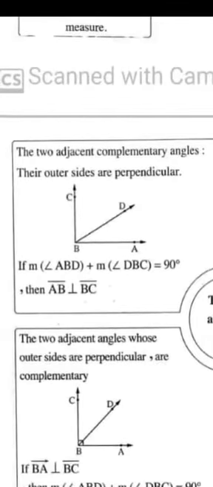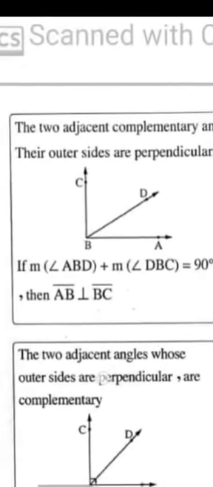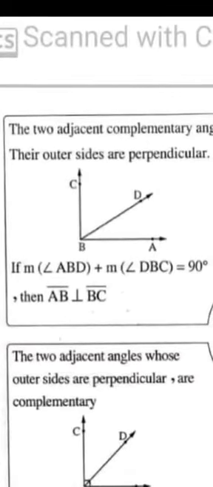For example, if we have in this figure two angles CBD and DBA, they are two adjacent angles. And if the measure of angle ABD plus the measure of angle DBC is equal to 90, then we know that the outer sides are perpendicular. Then AB is perpendicular to BC.